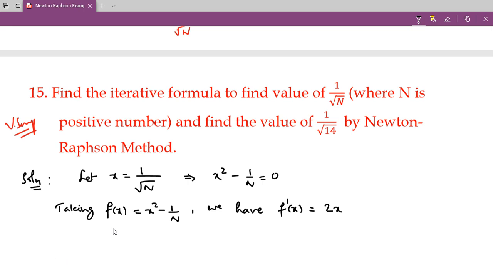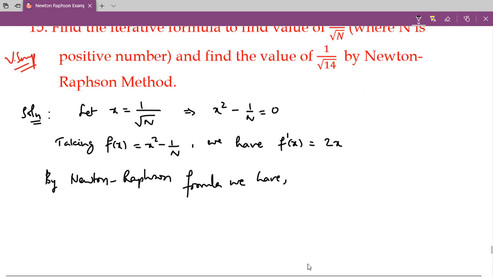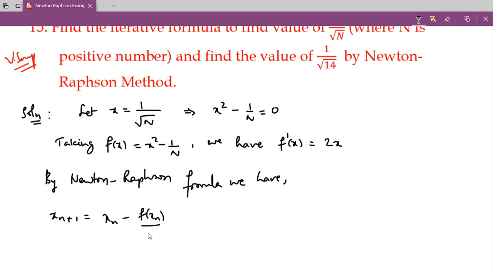Now let us put these two values in the Newton-Raphson formula. By the Newton-Raphson formula, substituting the f of x and f dash of x values, we have xn plus 1 is equal to xn minus f of xn divided by f dash of xn.